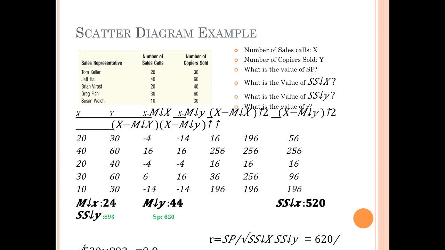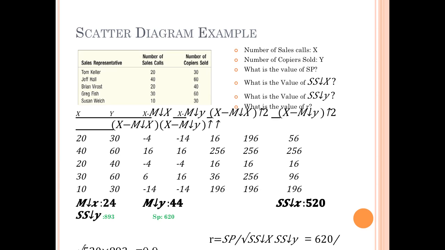Like I said, the number of sales calls is X. The number of copiers sold is Y. And then you figure out the correlation by, that seems really strange. It's not supposed to be like that with the arrows.